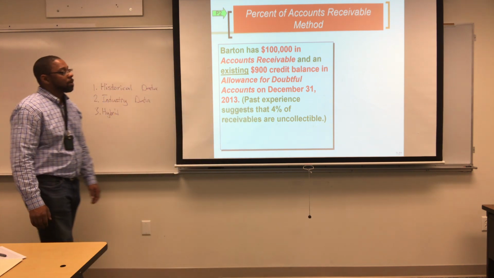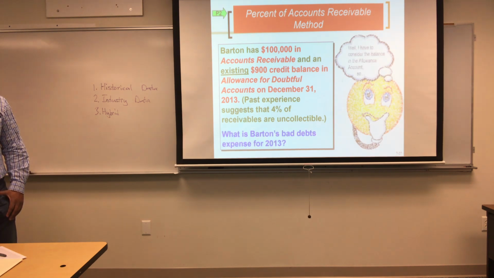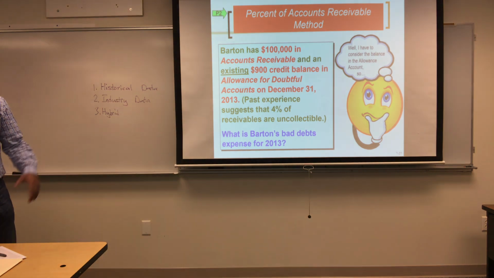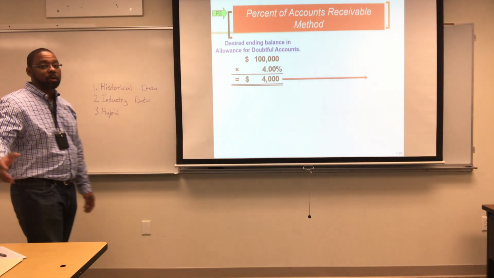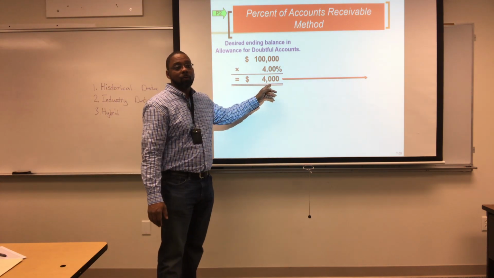Past experience suggests that 4% of the receivables are uncollectible. So how do we find bad debt expense? Well, first things first, we'll take the accounts receivable, which is $100,000, times the 4%, which will give you $4,000.